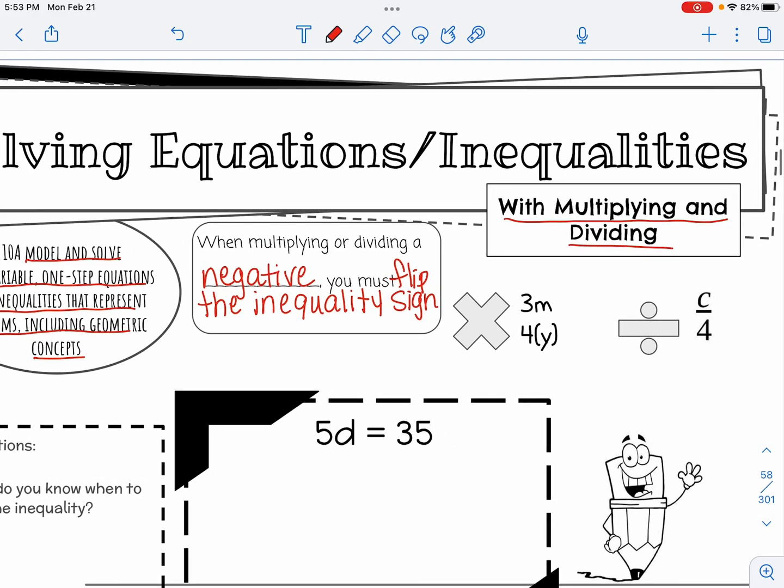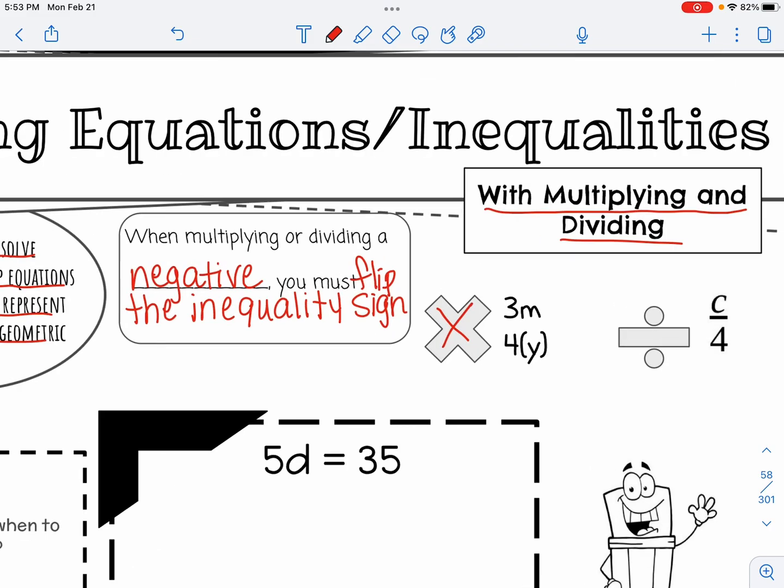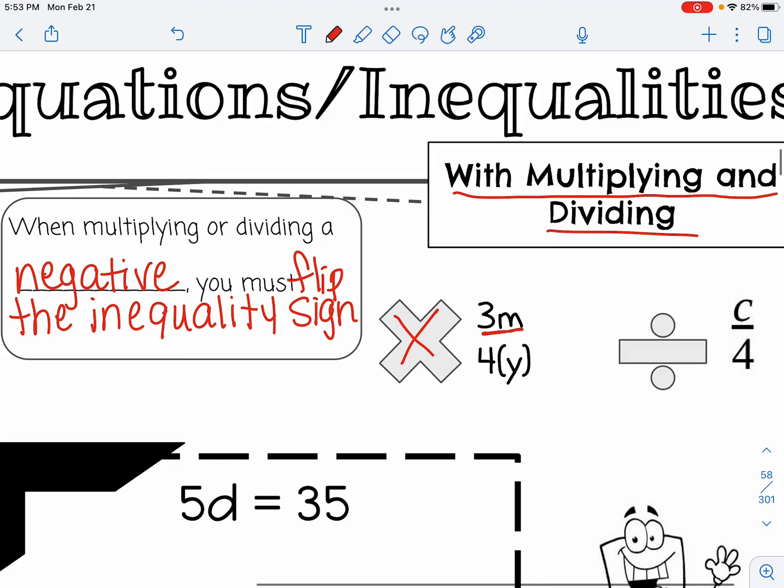Okay, looking here at multiplication. All the ways we see multiplication is when the number is smooshed up to the variable. That means that multiplication is going on right there. Also, when a number is smooshed up with parentheses next to it and there's no operation in between them, that also means that multiplication is going on right there.